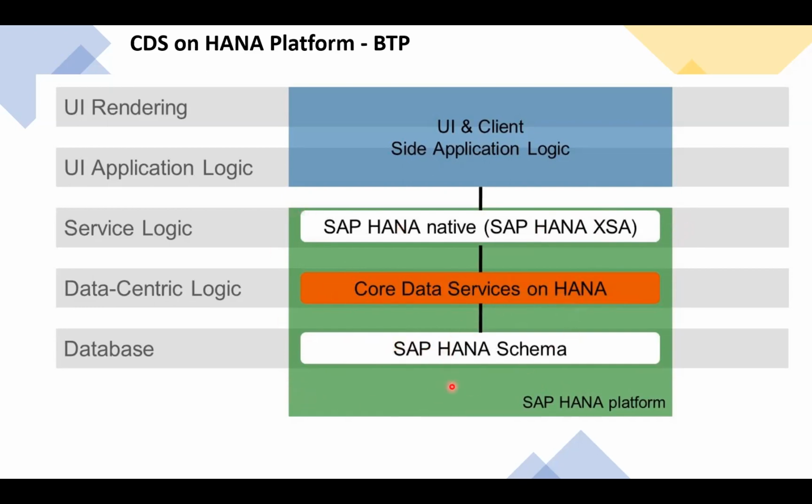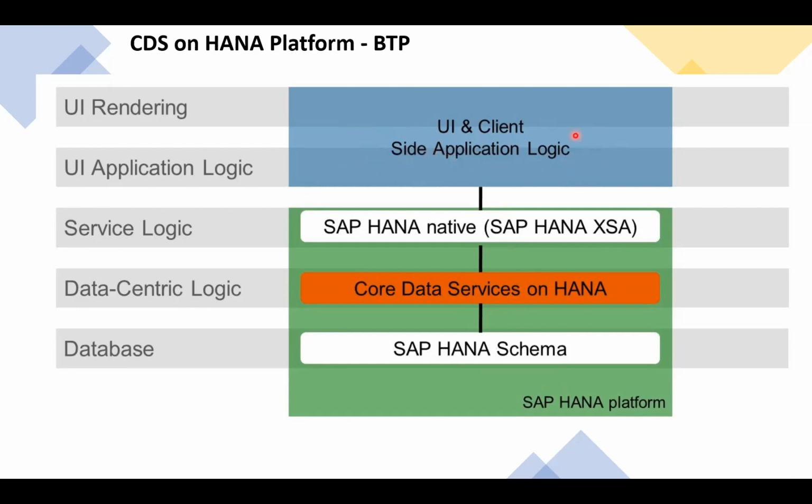It is much faster than the ABAP arrangement. If you see here, it's only one layer, I would say. There are no multiple layers. Whatever you create is on the database. Even if you create any extended application services applications, they are native applications.